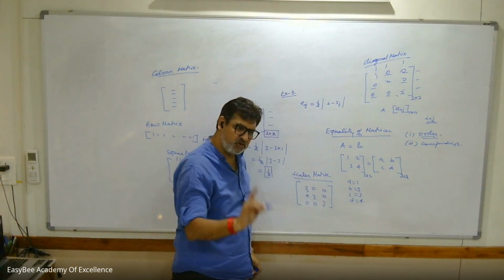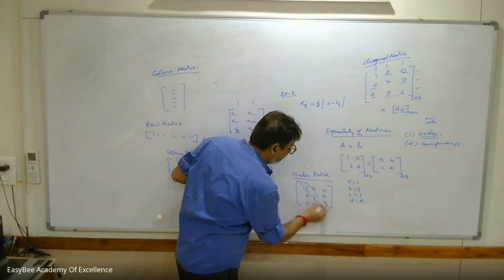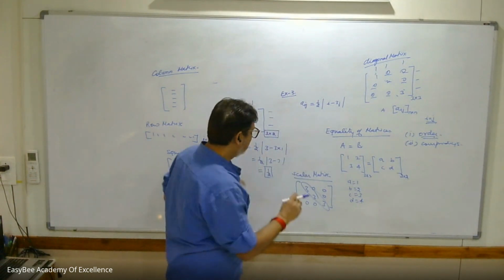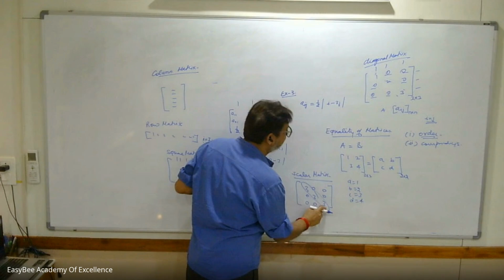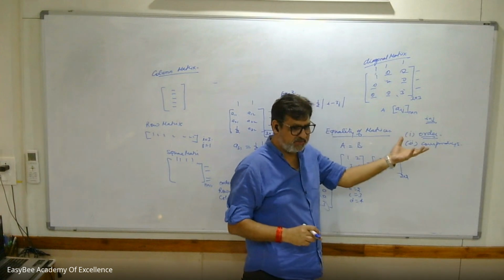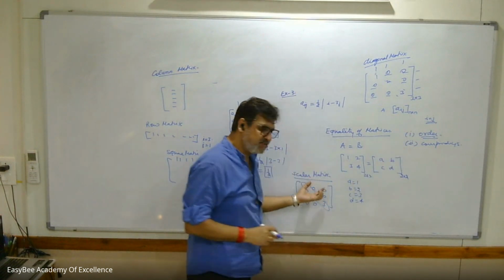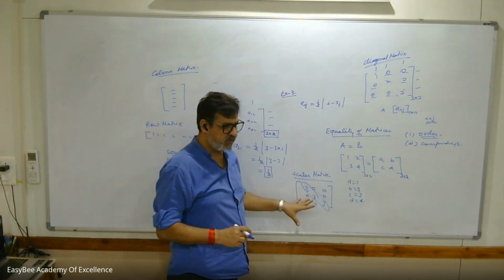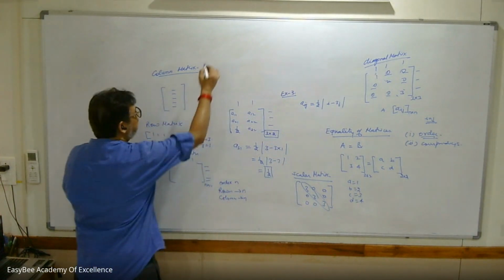Non-diagonal elements are 0 and diagonal elements are equal. A diagonal matrix can have different diagonal elements, but in a scalar matrix, the diagonal elements have to be the same number.